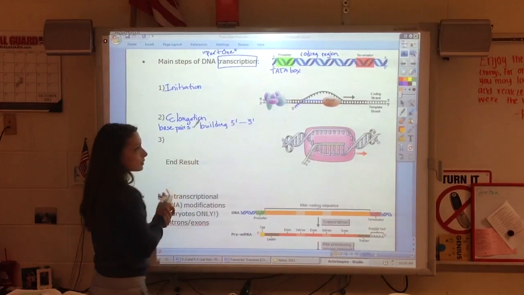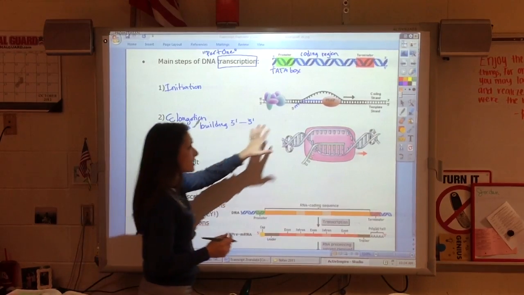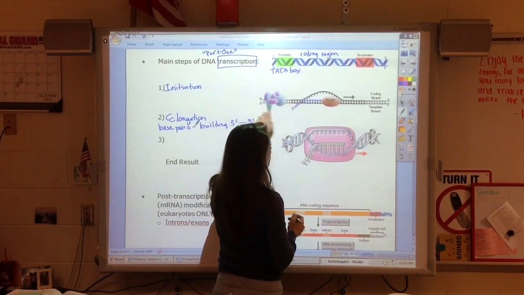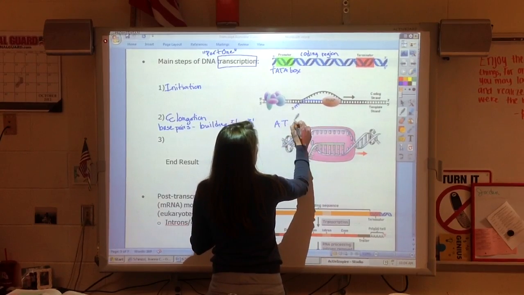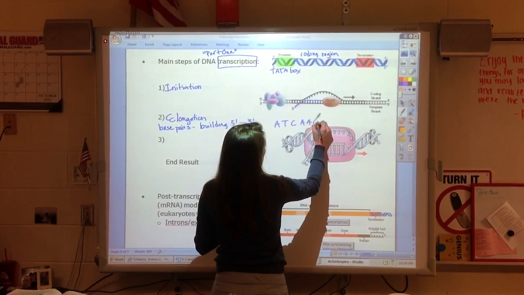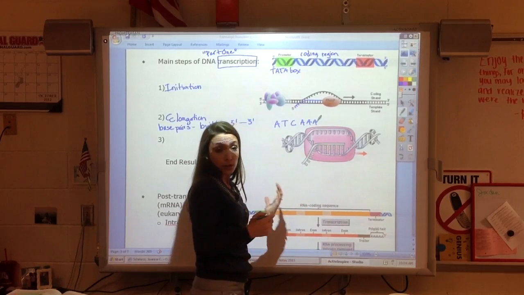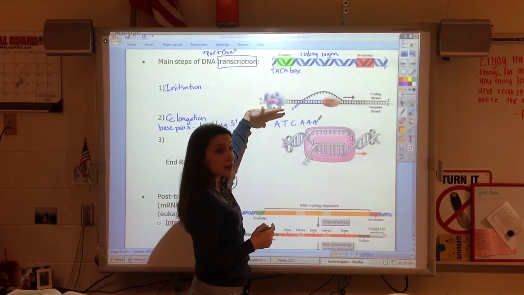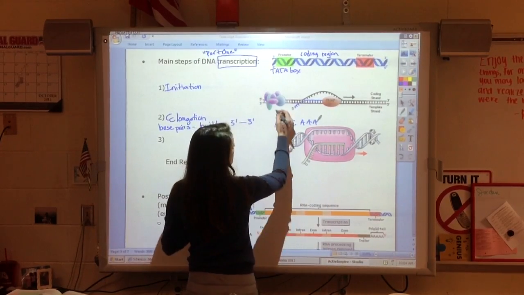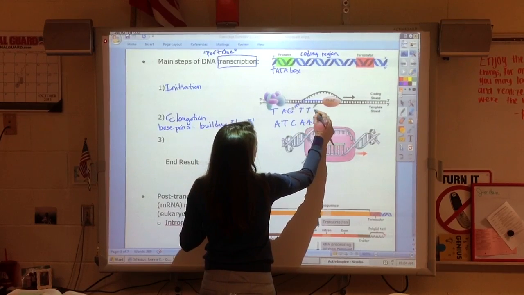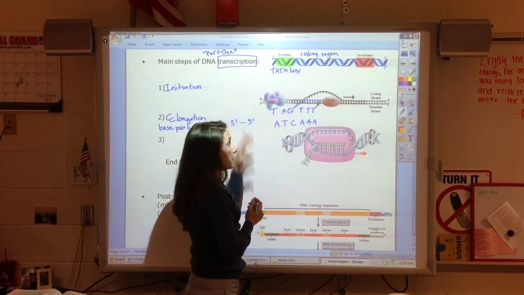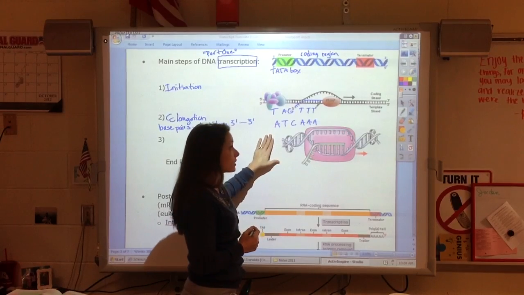to do this building. So for example, if the DNA sequence on the template strand were ATC, AAA, we would of course be able to figure out the other side of the DNA. The other side of the DNA would be TAG, TTT. And there's our DNA sequence.